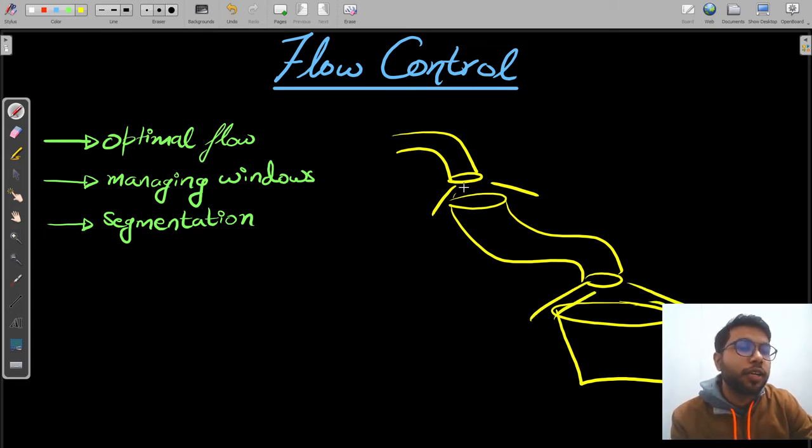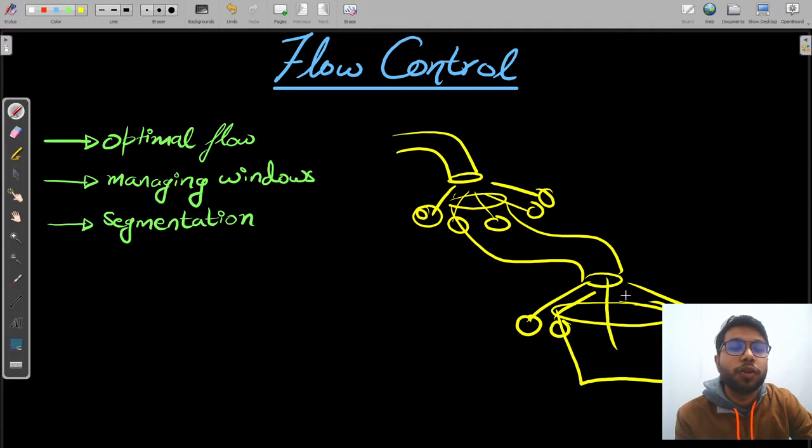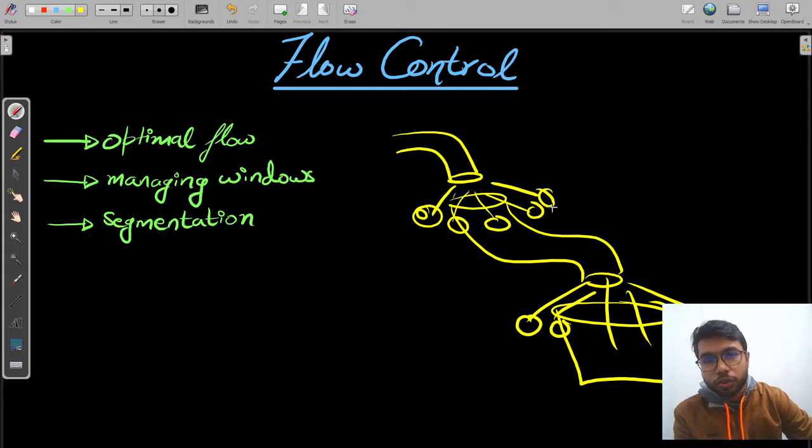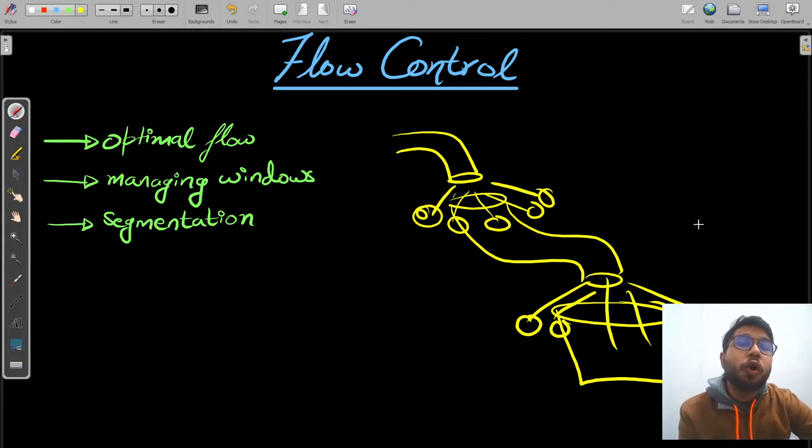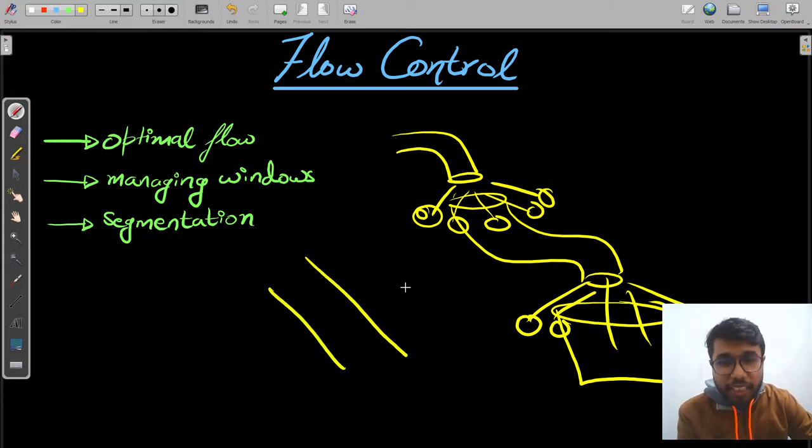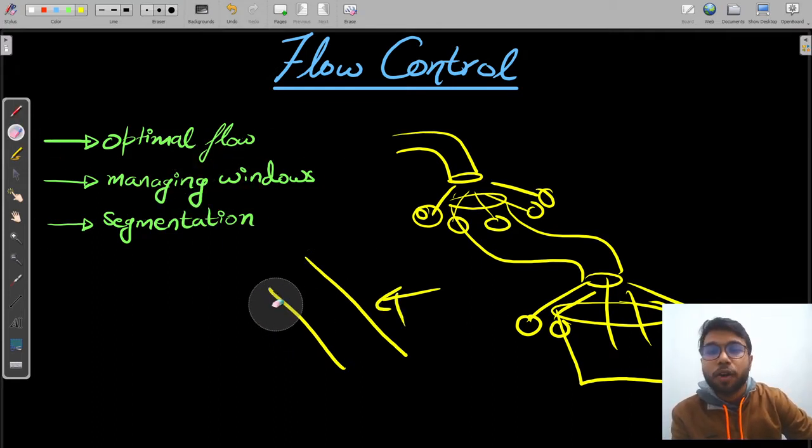You do not want to waste. You do not want it to be sending so much that I have to resend everything again. But you also don't want it to be drop by drop. You don't want to send so little in one go that it takes an eternity to completely fill the bucket. So what you want to do is optimize the flow. You want to send as much as possible in as little time as possible. So that is what I mean by optimal flow rate.